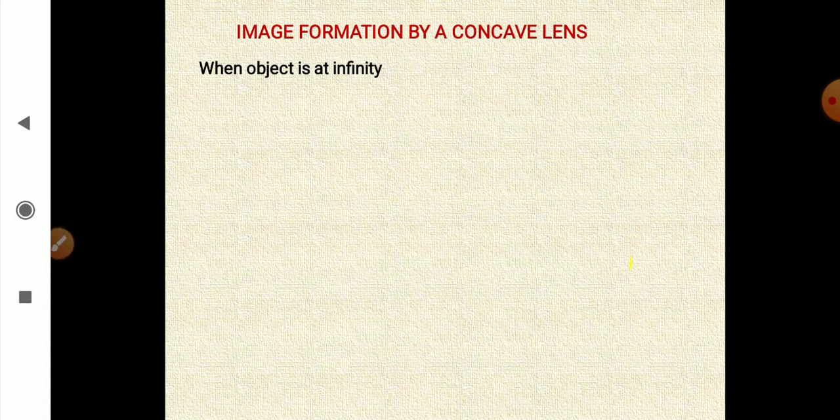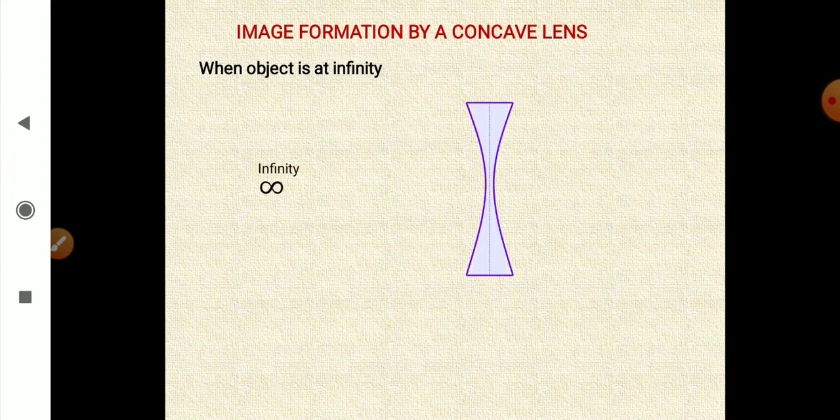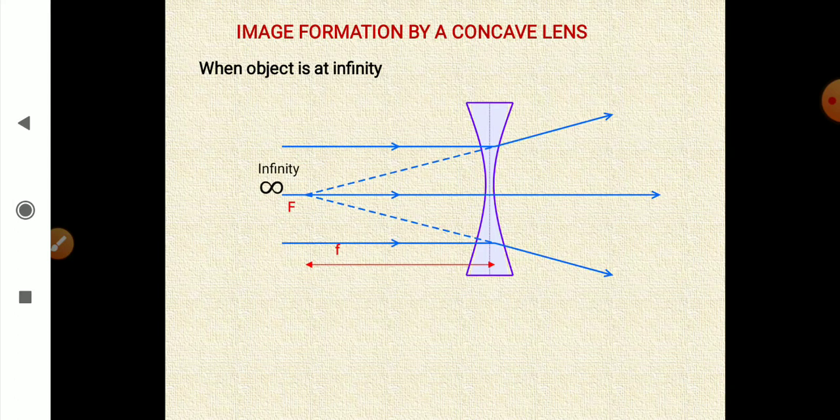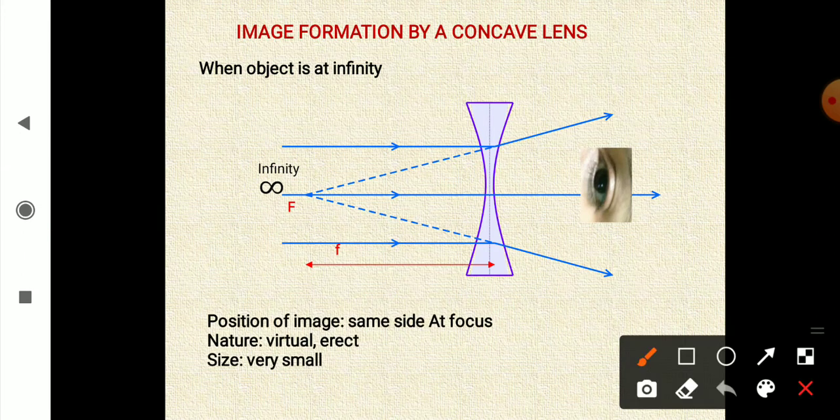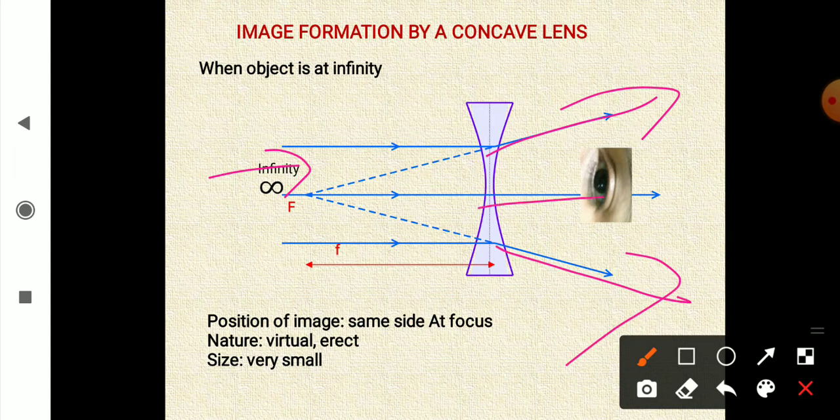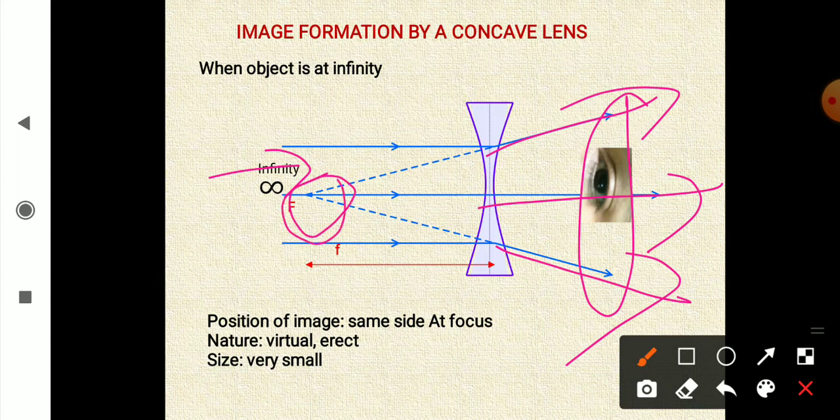Now, image formation by a concave lens when the object is at infinity. When the object is at infinity, you know that the image is formed at its focus on the same side. The rays coming from infinity are parallel to the principal axis, and after refraction the rays will diverge, and when you are watching from here, you will feel that the rays are coming from this point.